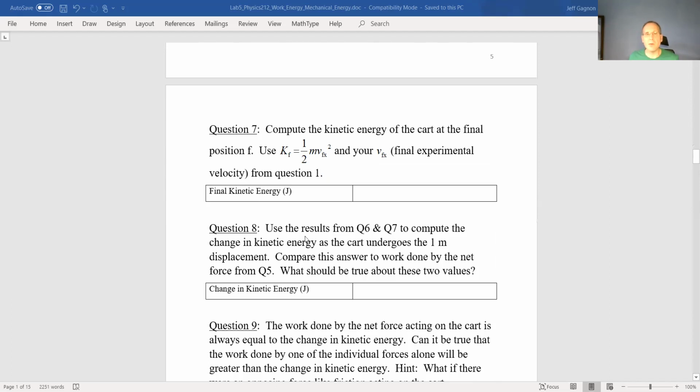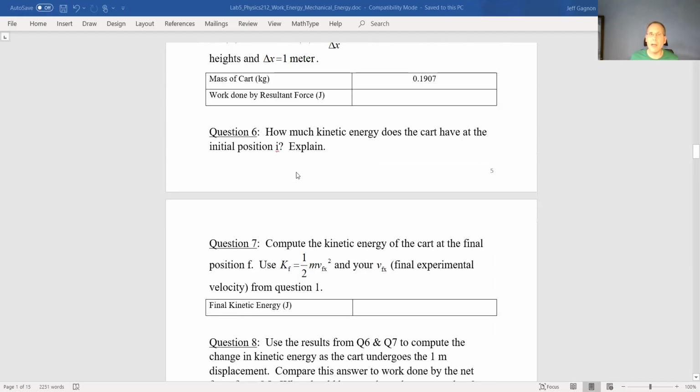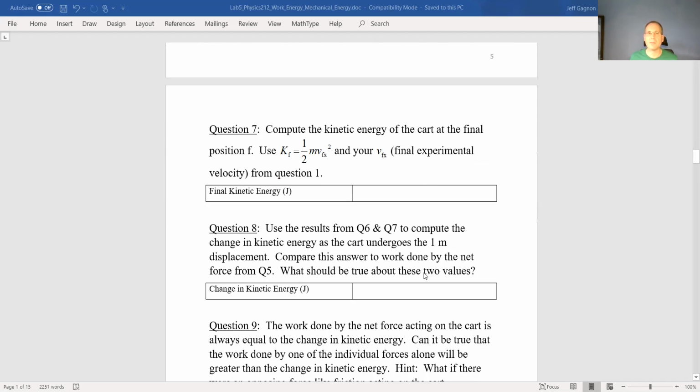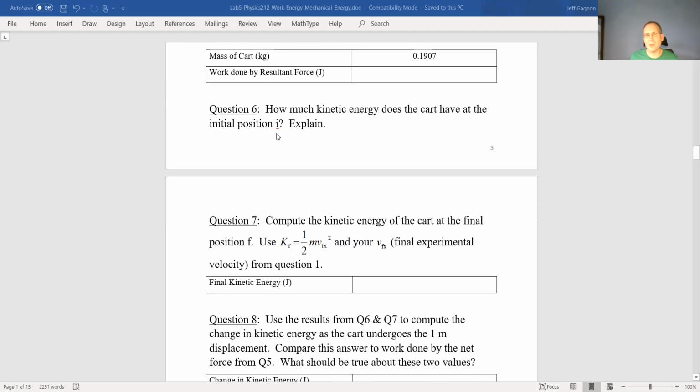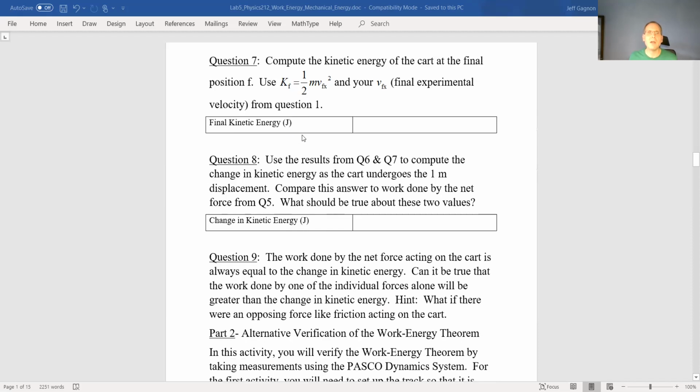Use the results from questions 6 and 7 to compute the change in kinetic energy. Remember, change is final kinetic energy minus initial kinetic energy. We computed the final kinetic energy in question 7, and the initial kinetic energy in question 6. You have to explain why it's that particular value.